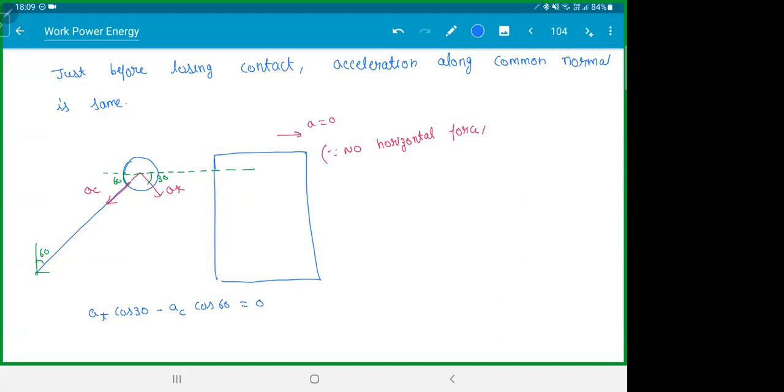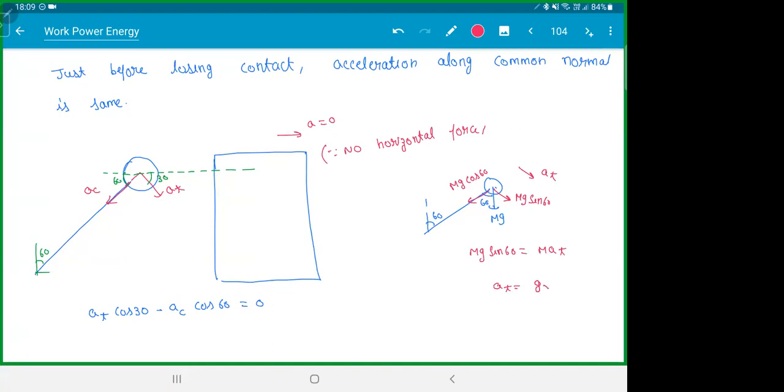Have a look at this. And we get A tangential from here. If you look at the forces, this is mg, this is 60, this is 60. This would be mg cos 60. This would be mg sin 60. This is A tangential. We end up with mg sin 60 is equal to m A tangential.